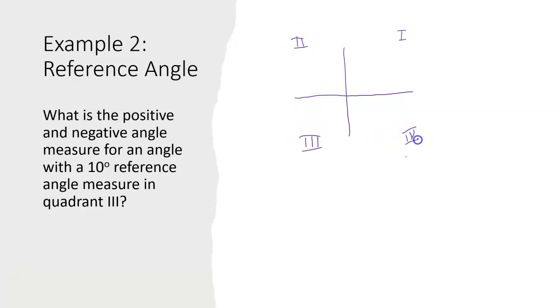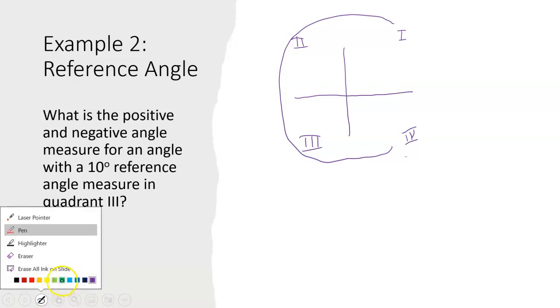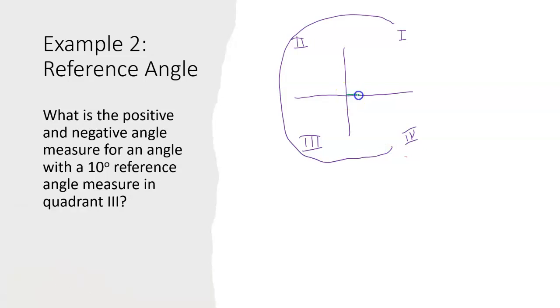So that's how we label our quadrants. I always remember it as it's also counterclockwise, just like when we do the unit circle, or just like when we do a reference angle. So I am saying I have a terminal side of my angle here, and it's in quadrant 3, but the reference angle is 10 degrees.